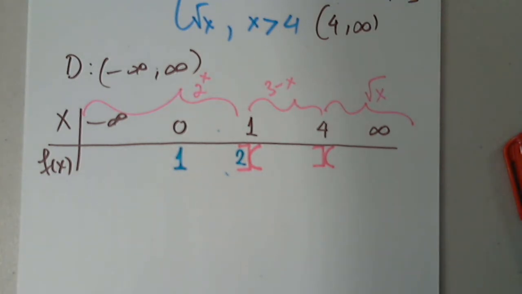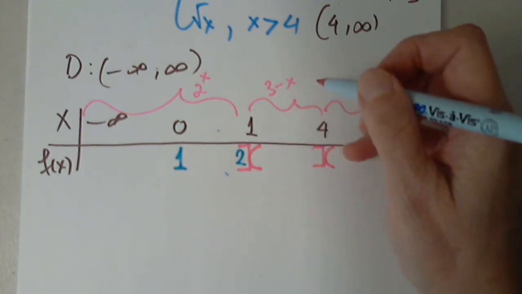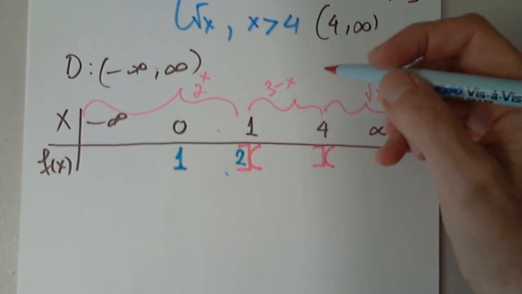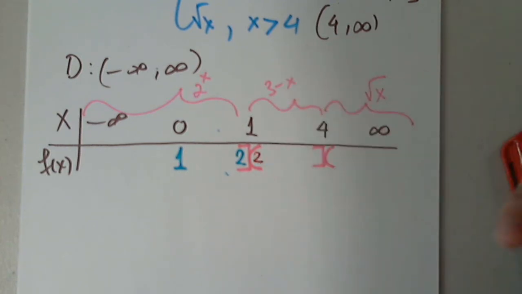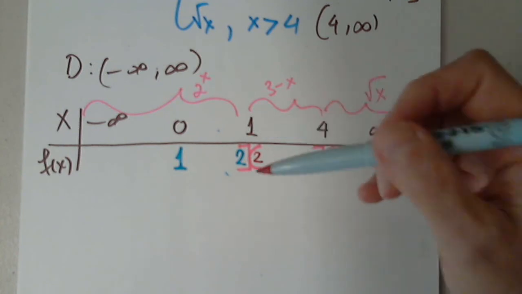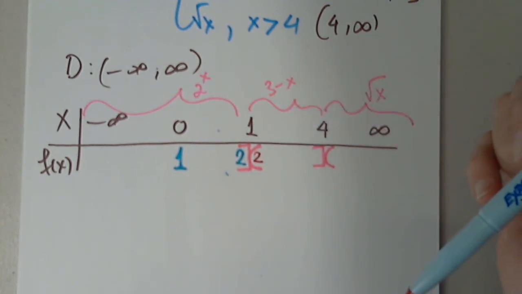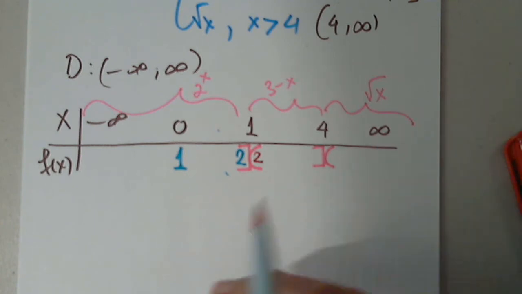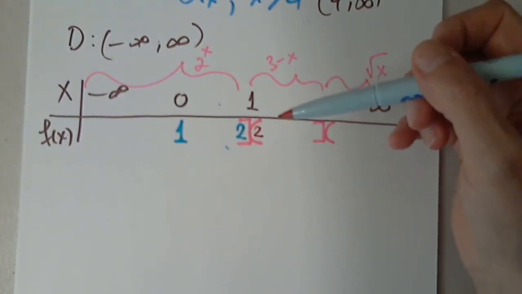Will be full. Excellent. When I plug in 1 on this side, you will be appalled, but you will let me be and plug it in, and I'll get 2. What does this mean? Is this function continuous at 1? I haven't even graphed it, but I can ask that question. Will this function be continuous at 1?